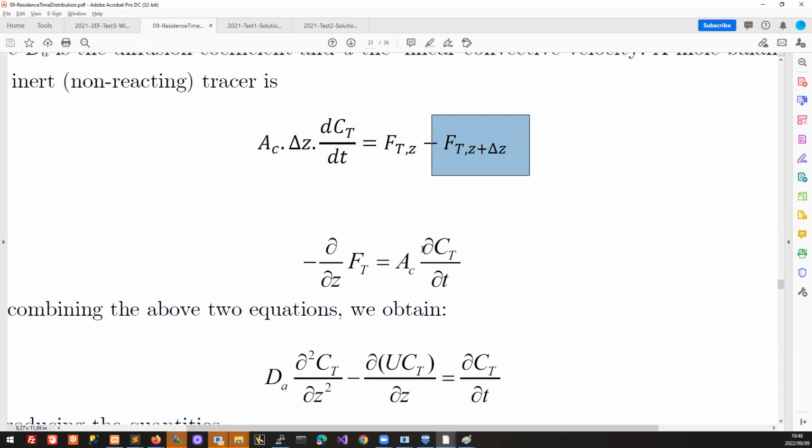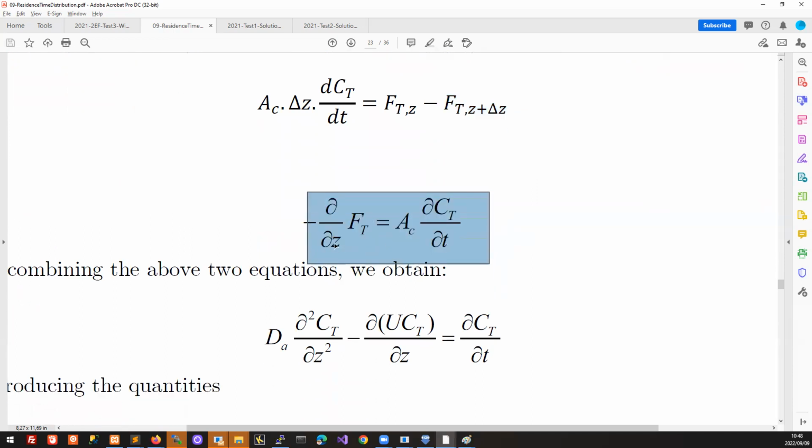And then we can rewrite that. This is just recognizing that this difference, we can think of as a gradient, right? So if we divide through by delta z, then you've got a function at z plus delta z minus a function at z, all divided by delta z.